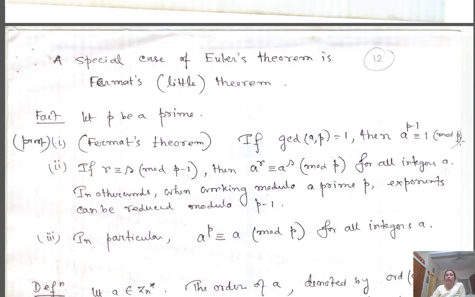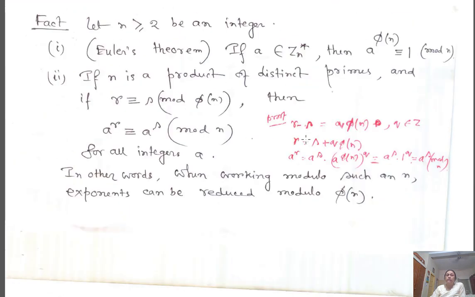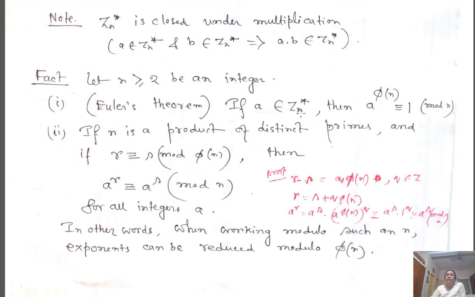So why this particular case? Because if you take the modulus in Euler's theorem to be a prime number, we know phi of p is p minus 1. So when n is prime and a is co-prime to p, a to the power p minus 1 is congruent to 1 modulo p.